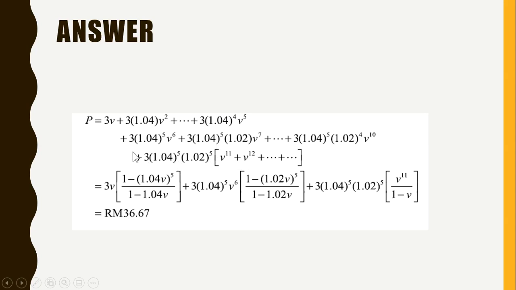Because starting from the year 11, the company will not give increased interest, but this interest will remain until the end of the day. So we form an equation from the information above. We calculate that the share price is 36 ringgit 67 cent.